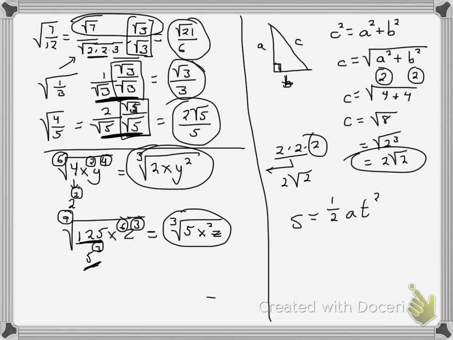If I know the value of A and the value of S, I need to solve for T. I'll take it in more steps than maybe you need to, taking the S to that side by dividing, so it'll look like T squared equals 2S over A, just flipping those around a little bit.